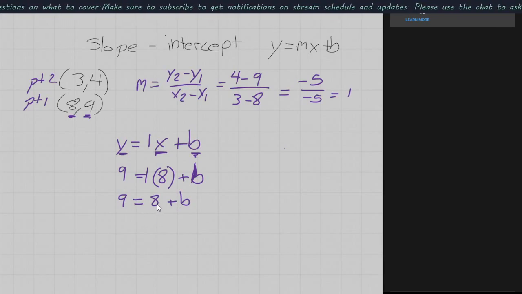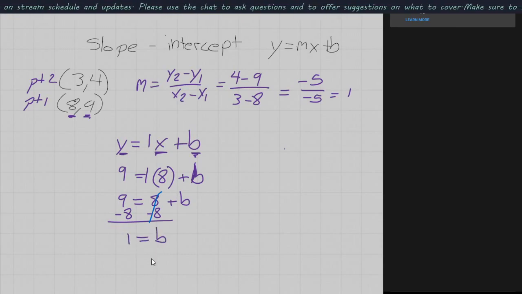So then what would I do? I need to get b by itself, so I need to do the inverse operation to bring it over. So I'm going to subtract 8 from both sides. 8 minus 8 is going to cancel to be 0. And 9 minus 8 is going to be 1, so I have a b value of 1. So then I just plug it all in.